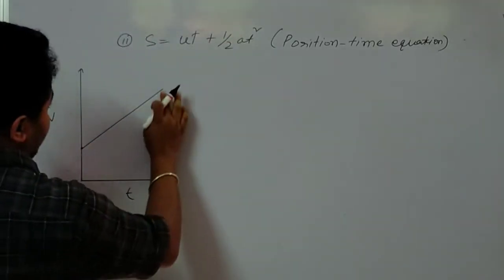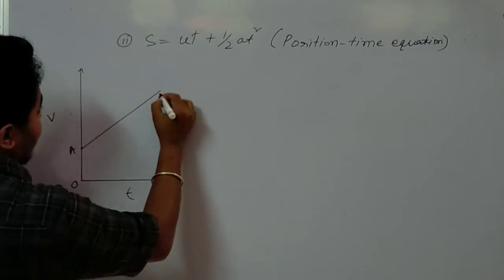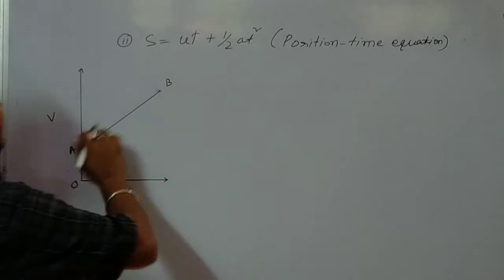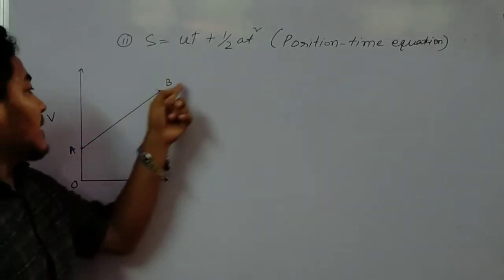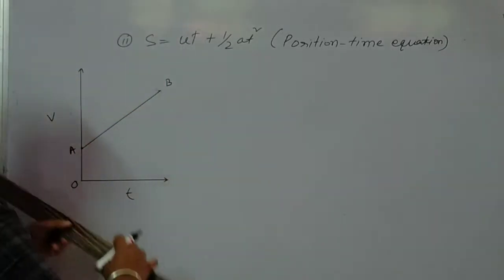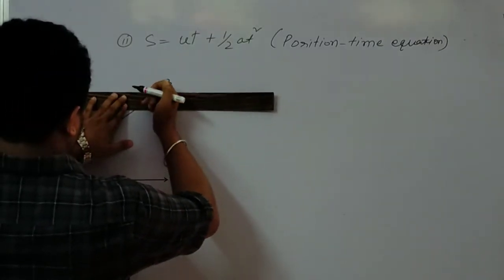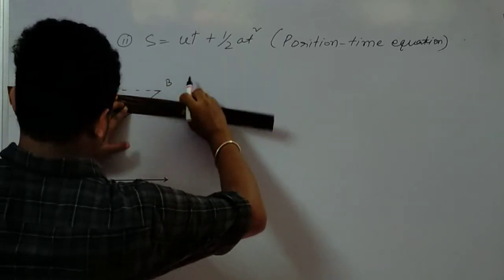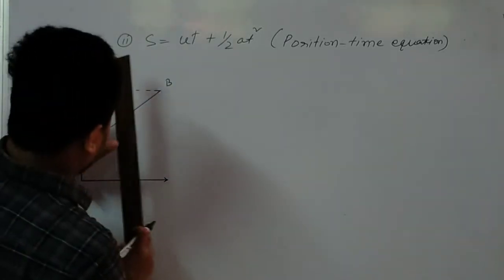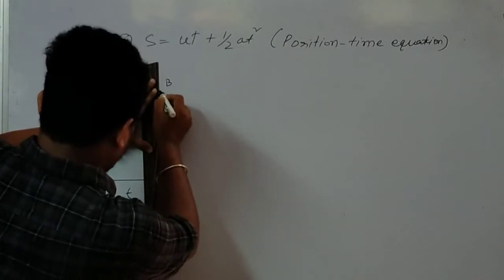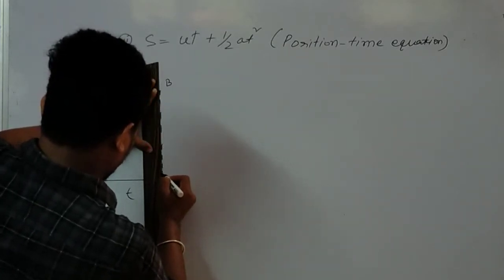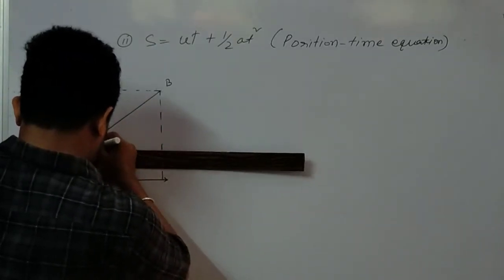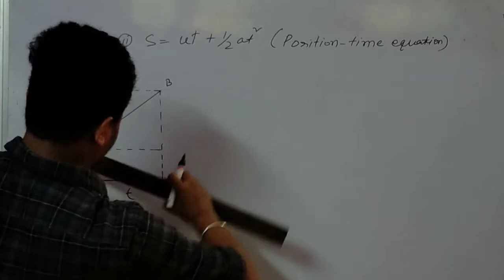Is that clear? Suppose this is point A and this point is B. The initial velocity starts from A and ends at point B. I will join a line here so that I can get the final velocity. This is O, and I will join this line so that I can get the time covered, and this is also joined to complete the figure.